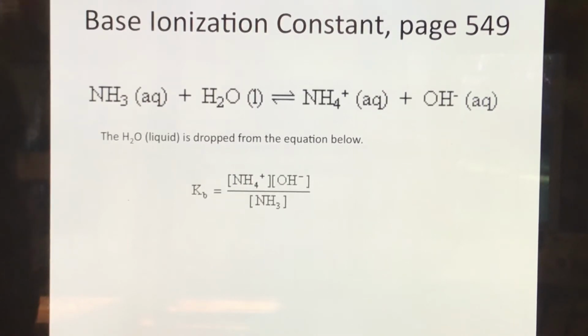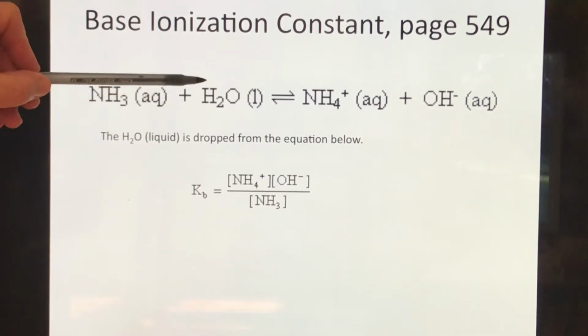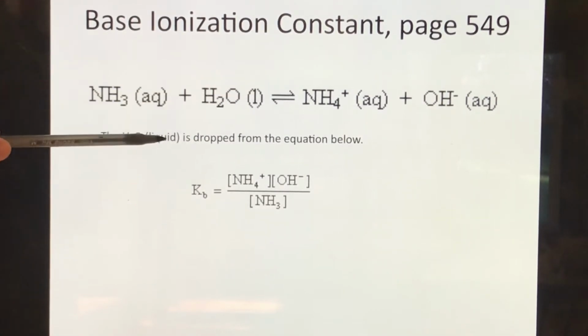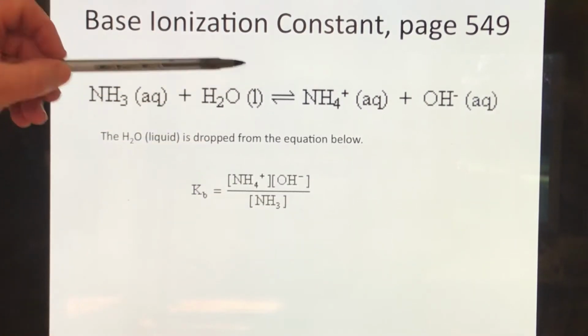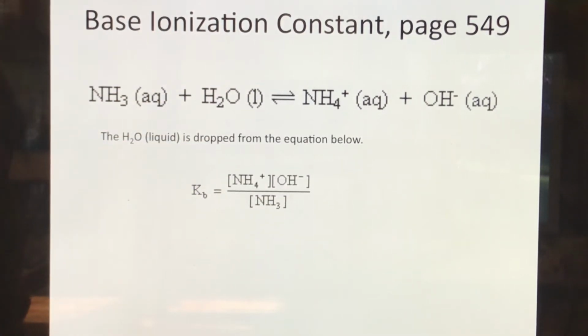So this equation also follows for a base ionization constant. And so again, we're just applying it to the same formula. And we just like to point out first that because the H2O is in liquid form, it's dropped from this equation. Because remember, liquids and solids we don't include in that.